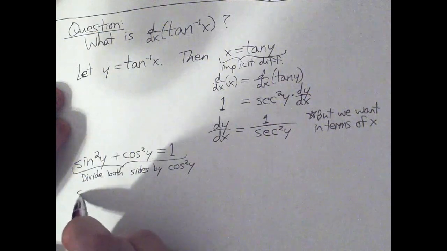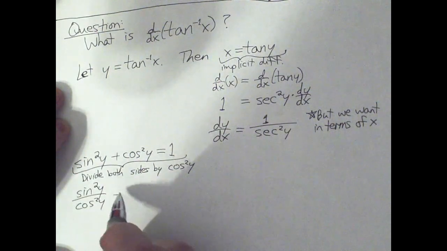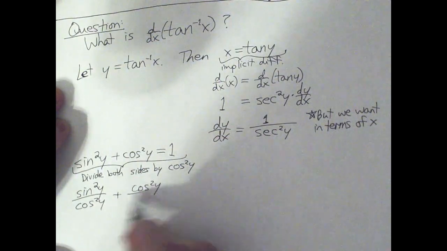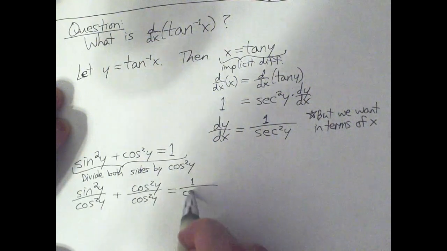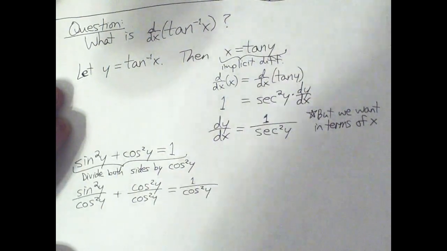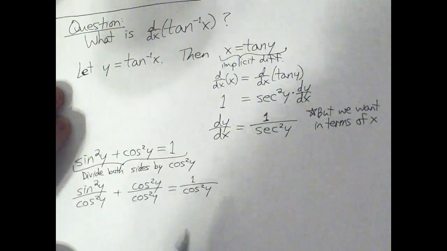So sine squared y over cosine squared y plus cosine squared y over cosine squared y. This is just a way to get new trig identities. Start from a trig identity and do something to it, and you're going to wind up getting a new trig identity.